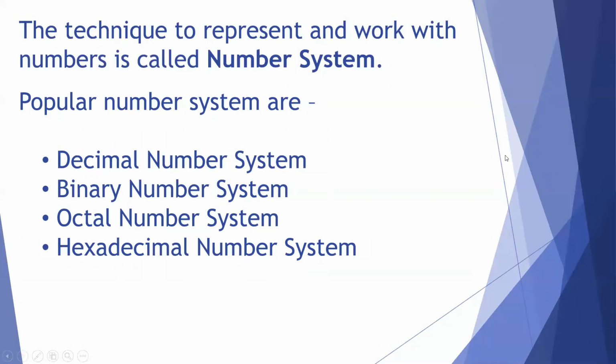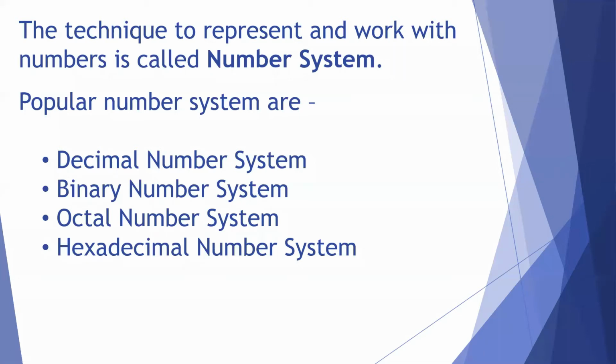Other than these, there are many number systems with different bases, like base 3, base 4, base 5, but the major popular ones are these four. We'll study them one by one.